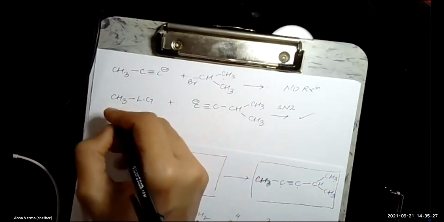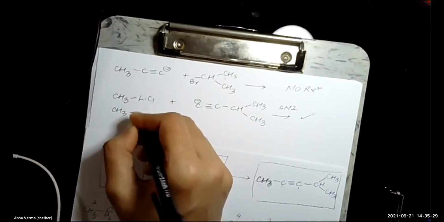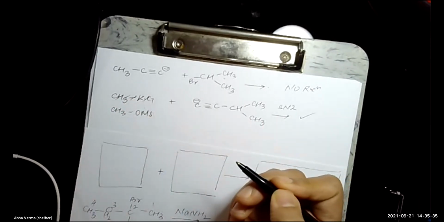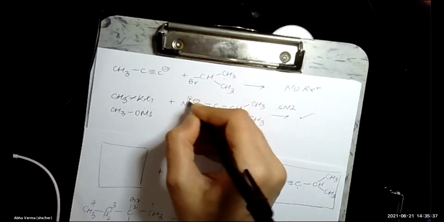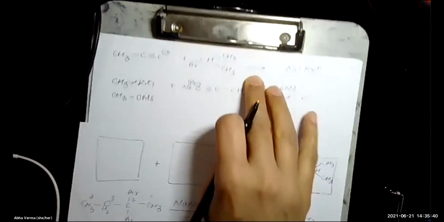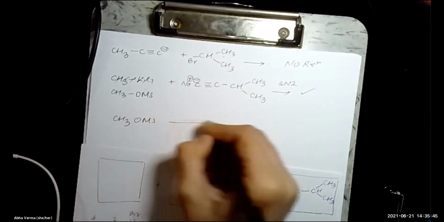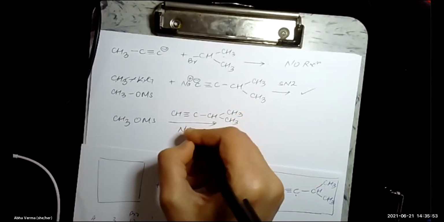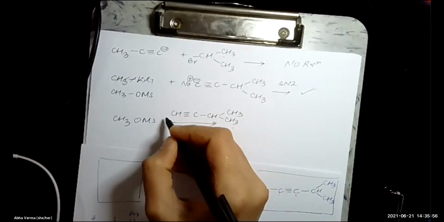And remember that for this particular material to form, make sure that you write a reasonable starting material. If I give you a reaction like this, CH3OMs, CH triple bonded CH, CH3, CH3, NaNH2, what does this mean for us?